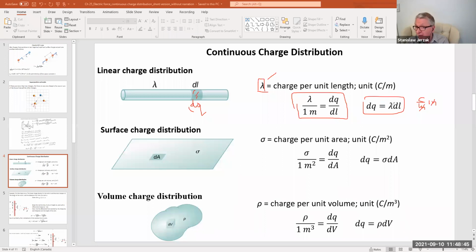So lambda is in coulomb per meter, dq, the differential amount of charge, is in coulombs, and dl is in meters. That's the unit of lambda. Okay, thank you. So remember that lambda is called linear charge density. Any additional questions?